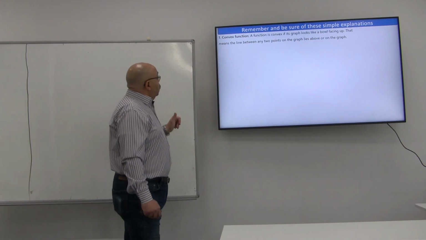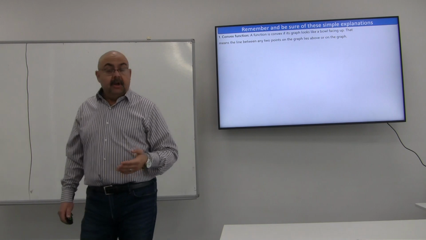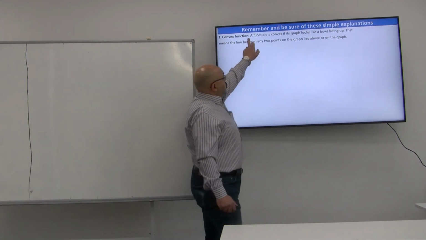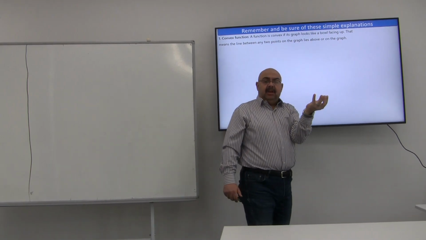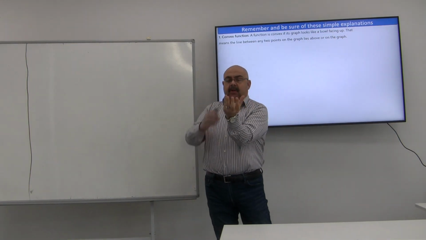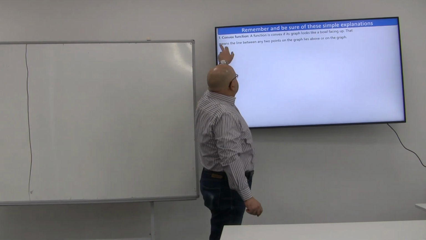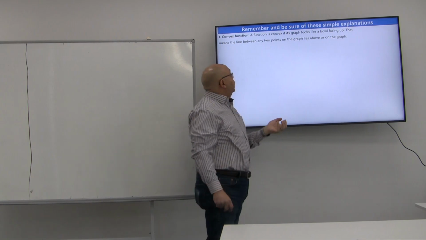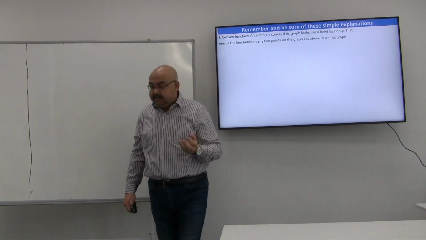So once more, let's review the main definitions that we are dealing with. Remember that a function is convex if its graph looks like a bowl facing up. That's the convex function. It means the line between any 2 points on this bowl will lie above the graph of this bowl.